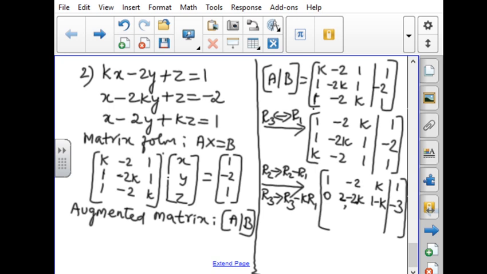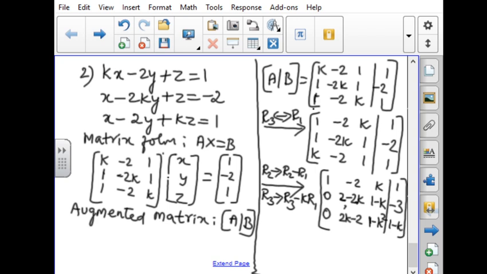Next we multiply row 1 by k and subtract from row 3. So k minus k becomes 0, minus 2 plus 2k, so 2k minus 2. Next 1 minus k squared, because we have to multiply with k here, and then 1 minus k last.